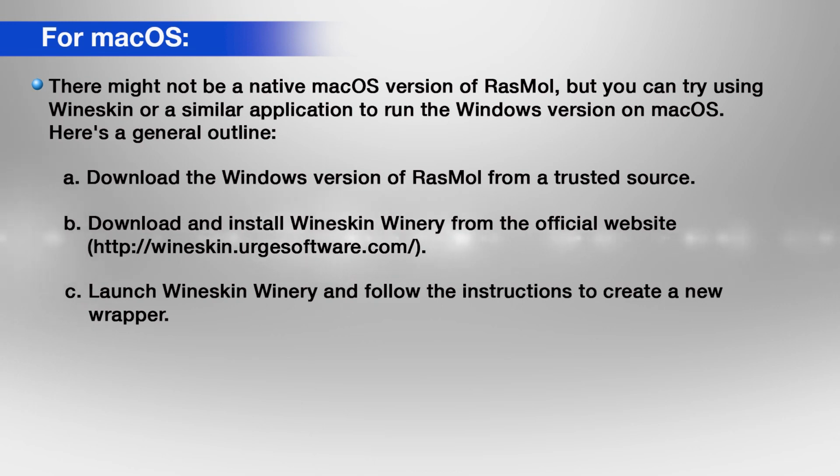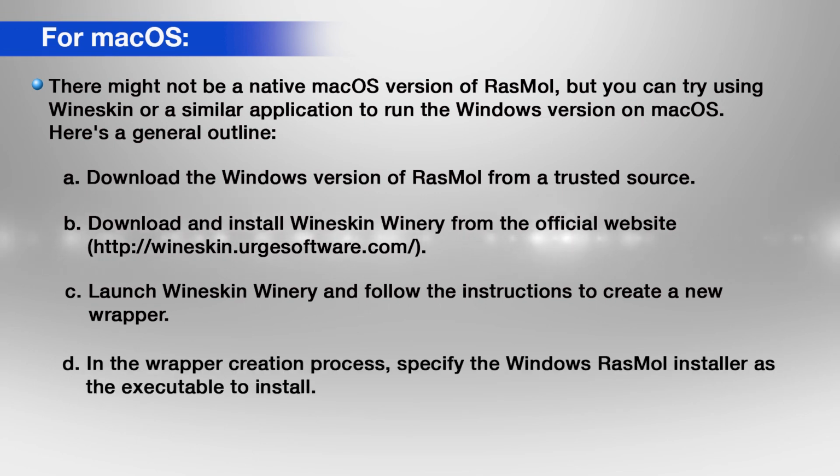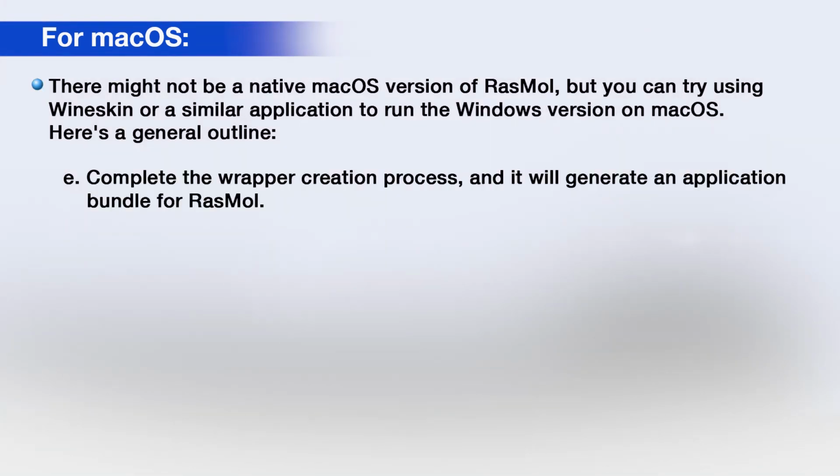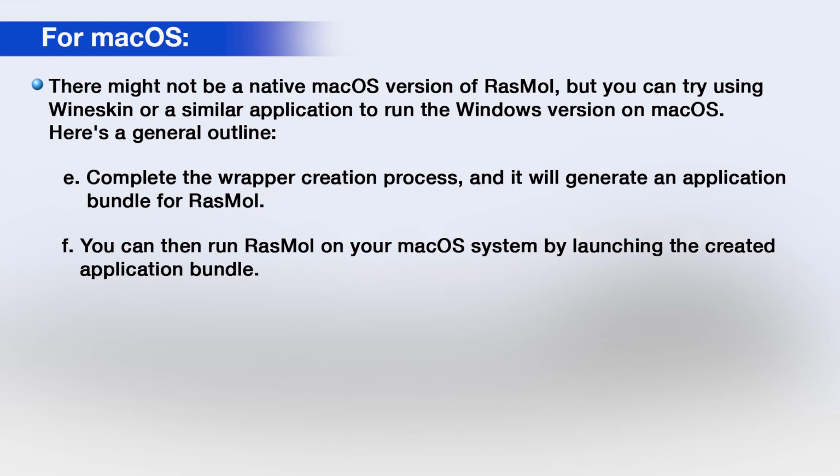Launch Wineskin and follow the instructions to create a new wrapper. In the wrapper creation process, specify the Windows RASMOL installer as the executable to install. Complete the wrapper creation process and it will generate an application bundle for RASMOL. You can then run RASMOL on your Mac system by launching the created application bundle.